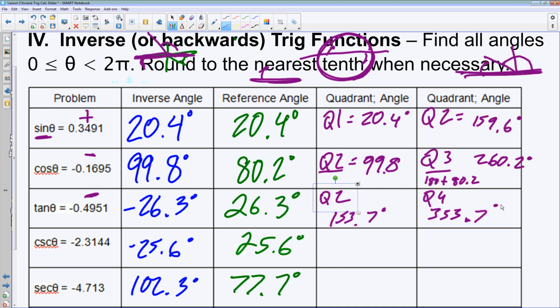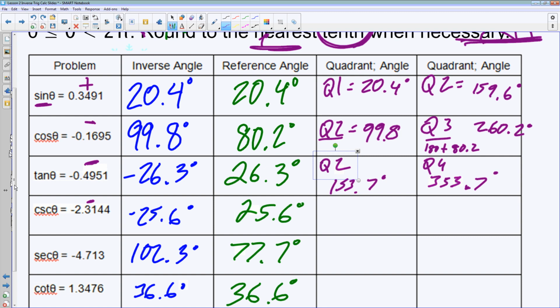All right, so for cosecant to be negative, remember cosecant is the reciprocal of sine, so just think about when sine is negative, and that's in the third and fourth quadrants. Now 25.6 is not in the third quadrant, it's not in the fourth quadrant, so we're going to have to do some work.